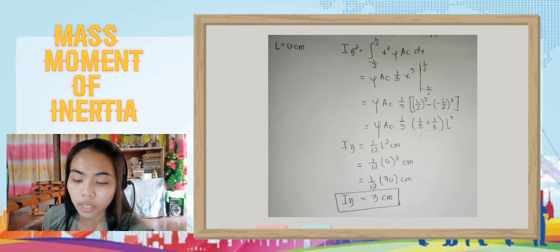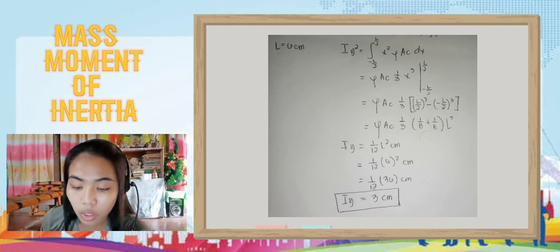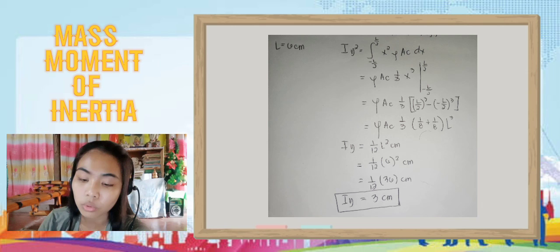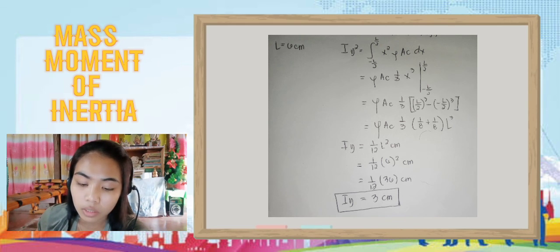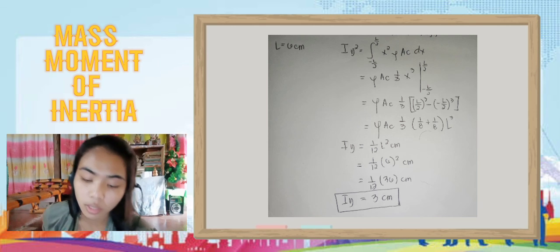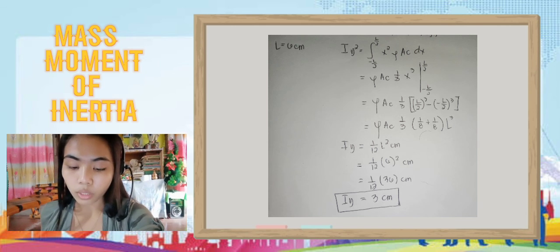Para makuha natin yun, gamit tayo ng formula na I_y is equal to the integration of x squared AC dx, from negative L over 2 to positive L over 2. So, equals AC times 1 over 3 x cubed, from negative L over 2 to L over 2.